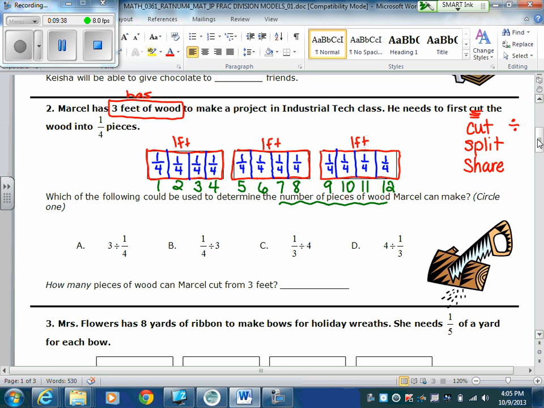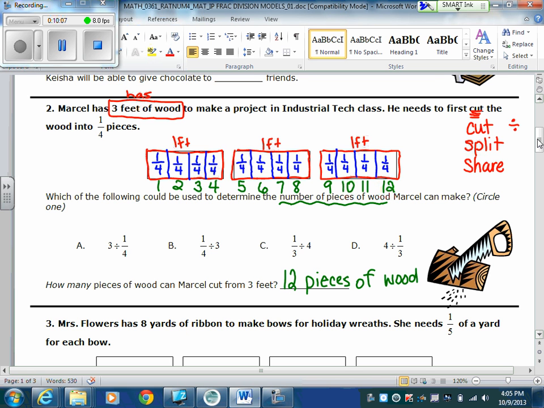So how many pieces of wood can Marcel cut from 3 feet? Well, we would have 12 smaller pieces of wood that would each be 1/4 of a foot. But our answer choices are, how did we get there? How did we set it up? Okay, so remember, we're looking at what we have.